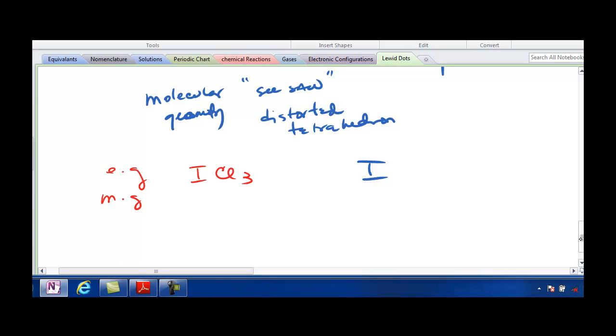Okay, so in ICl3, I'm going to put a Cl, a Cl, and a Cl. Wherever. Just 3 Cls. They're all group 7, so they all have 7 electrons, and they're sharing the 7th one. 2, 4, 6, 7. And my iodine, I'll do red. 1, 2, 3, 4, 5, 6, 7.